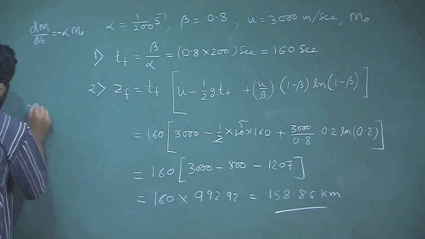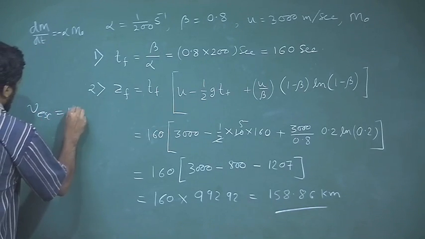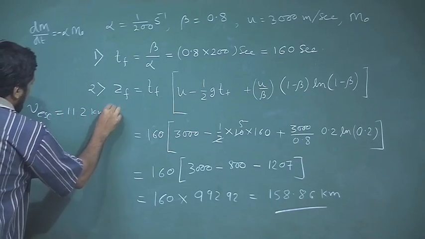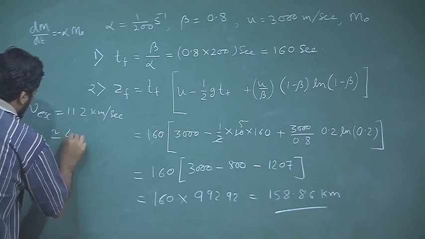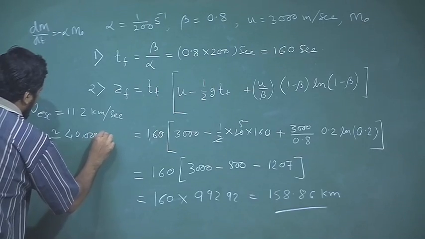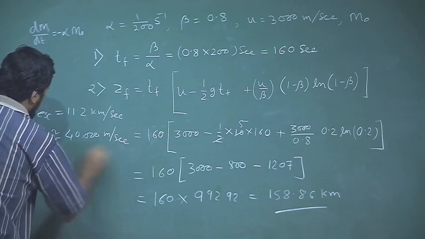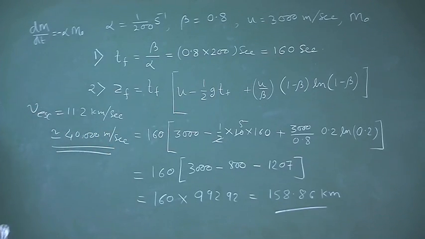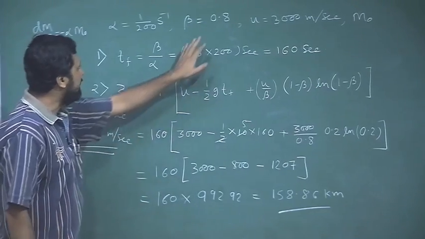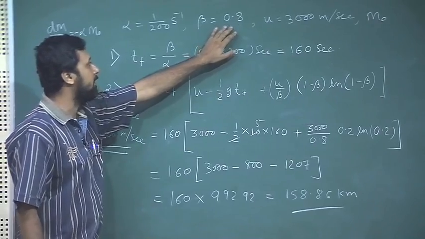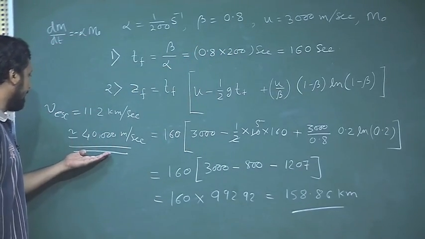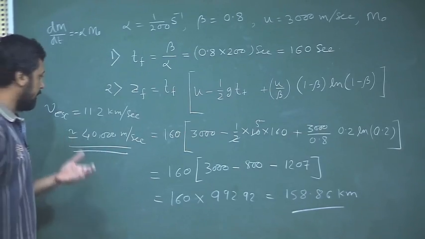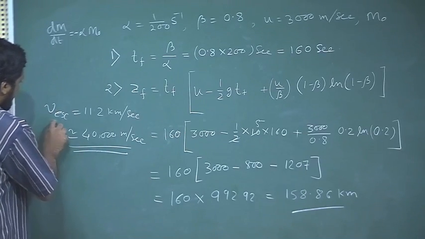So, V escape is 11.2 kilometers per second, which is something close to 40,000 meters per second. It is very difficult to achieve this with a rocket which has a propelled mass ratio of 0.8 or 0.9.